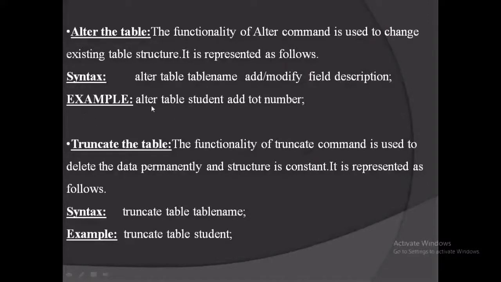The example is: alter table student add tot number; semicolon. Total is declared with the number data type. So the total field is added in my student table. The alter command is used to add a new field.